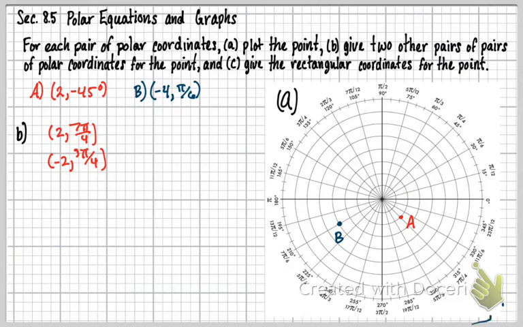So we could go from here all the way to there. And if I went in a backwards direction, that would be negative 135 degrees. Now you see it kind of switched these around a little bit. Maybe I should have kept degrees for the first pair. So I'm going to change those into degrees. There we go. Now I'm going to keep the other ones in radians.